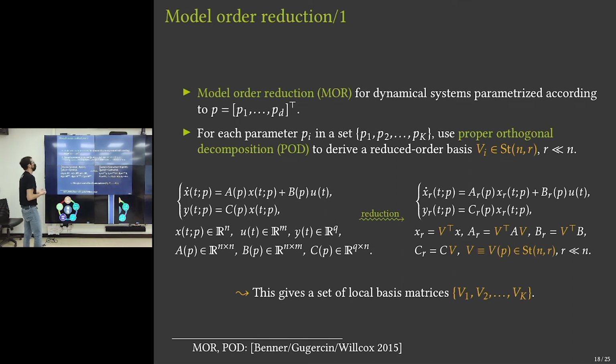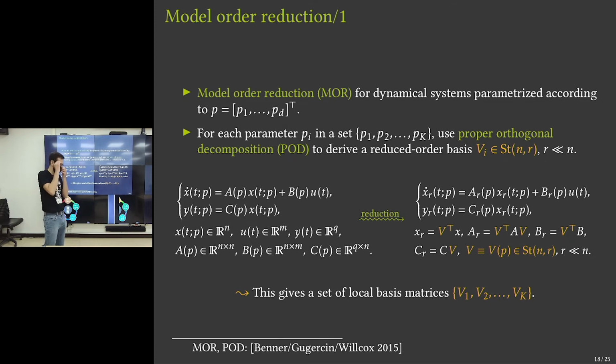Model order reduction are techniques used for dynamical systems parameterized according to some parameter. For each parameter in a set of parameters, one uses a proper orthogonal decomposition. This is a name that comes from physics, I think, but basically it is a variant of the SVD.